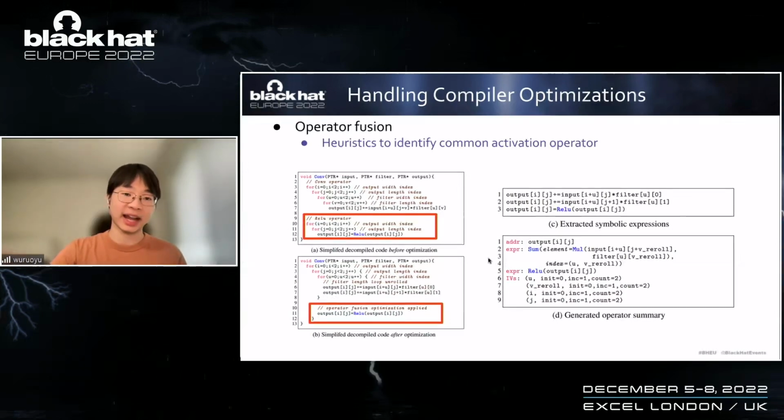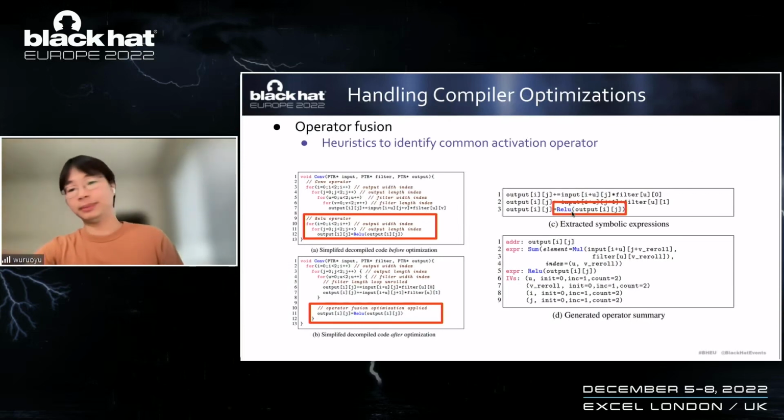We first identify the activation operator in the extracted symbolic expression. Here we use some pattern matching to identify the ReLU in our extracted symbolic expression, and then we just divide the ReLU from the previous expression, so we have two operators in our generated operator summary.